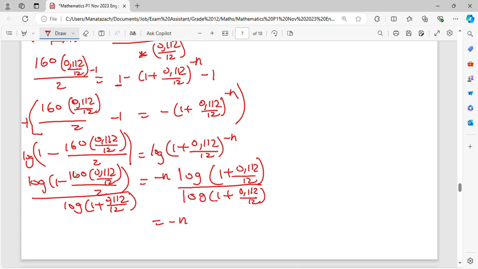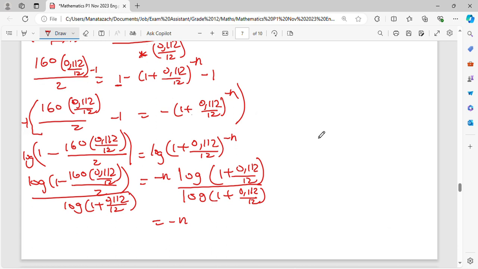Now this is when I will start using a calculator. I've been patient for this long. Now I'll use my calculator. I'll start with the top, so I'll start with 160 minus 0.112 divided by 12, then everything is divided by 2, right? And then 1 minus that, and then the log.